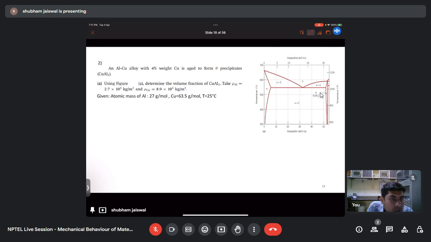It means they have given the density of aluminum and copper, and also the atomic mass of aluminum and copper, and we need to consider the temperature of 25 degrees Celsius. Okay. So now, can you determine the volume fraction of CuAl2?